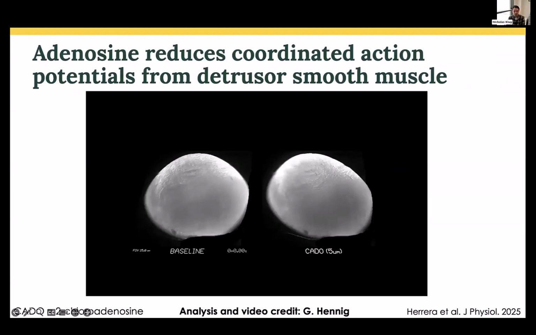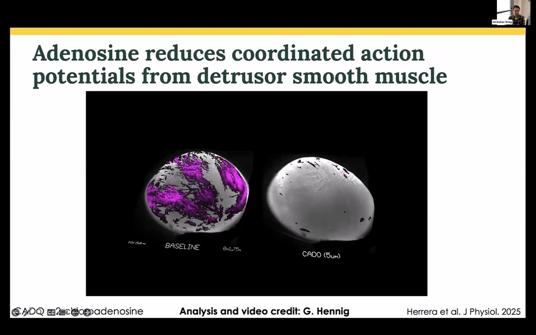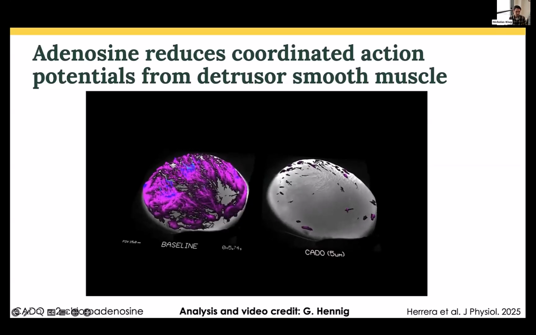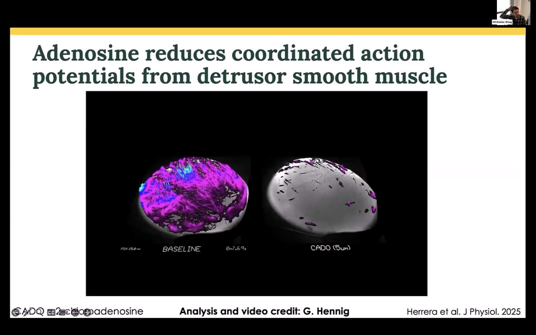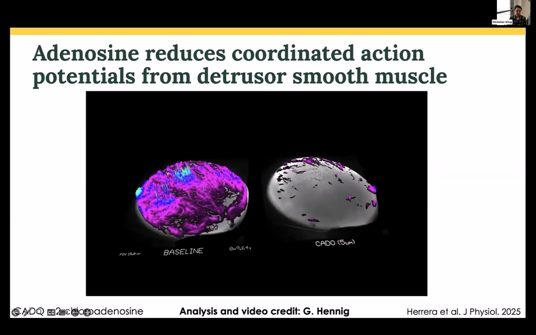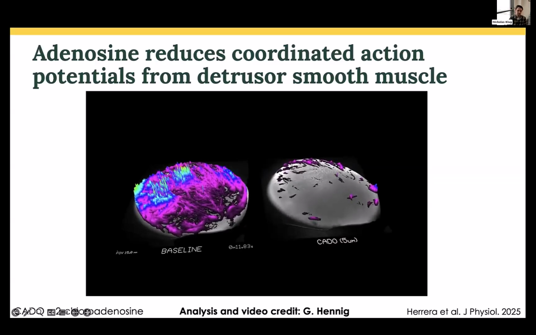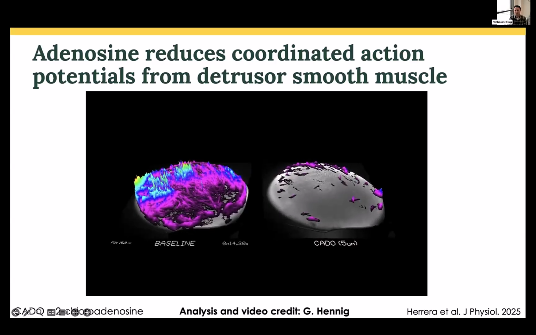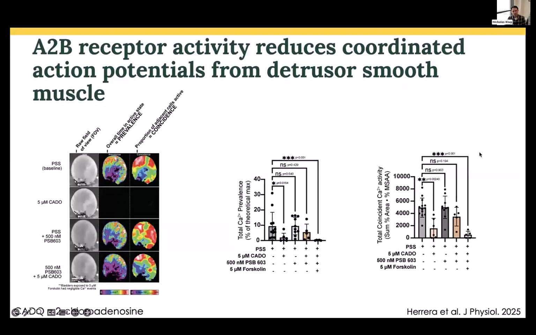And then, as we saw with the pressure events, when we expose the bladder to adenosine, we see a dramatic loss in total bladder smooth muscle cell action potentials across the entire surface of the bladder. So there is a loss of total prevalence of action potentials and of the coordination of these events across the bladder. This is quantified here, where you can see the spatial temporal map of total calcium activity.